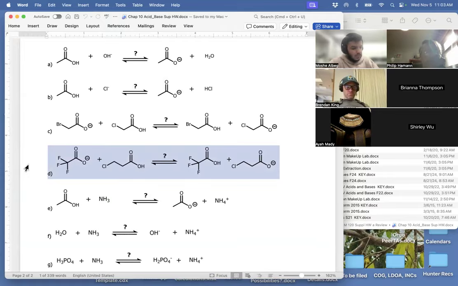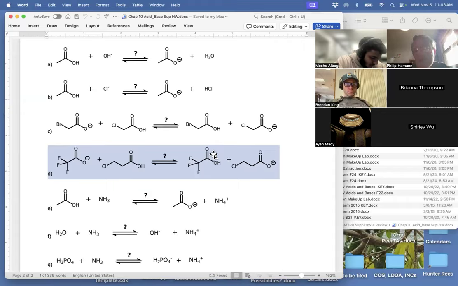Okay, D should be another easy one. Which side is favored? Does it go towards the left? Yeah. These three fluorines have a great stabilizing effect on this anion. Trifluoroacetic acid was mentioned in lecture yesterday. It is making an attempt to be a strong acid.